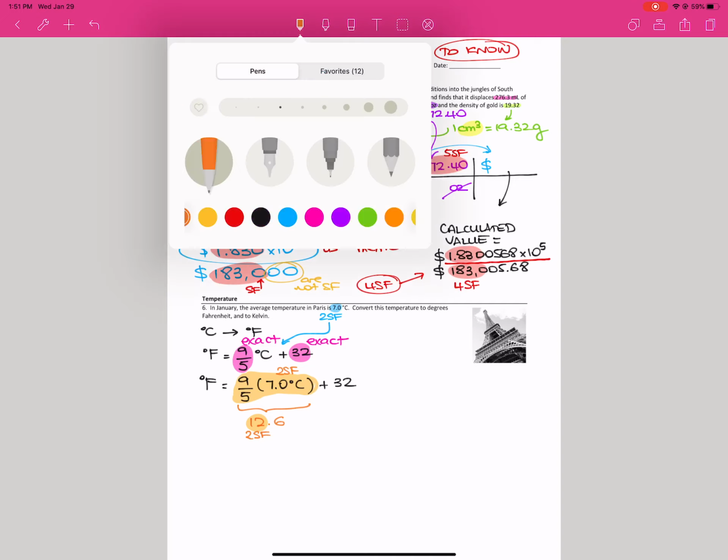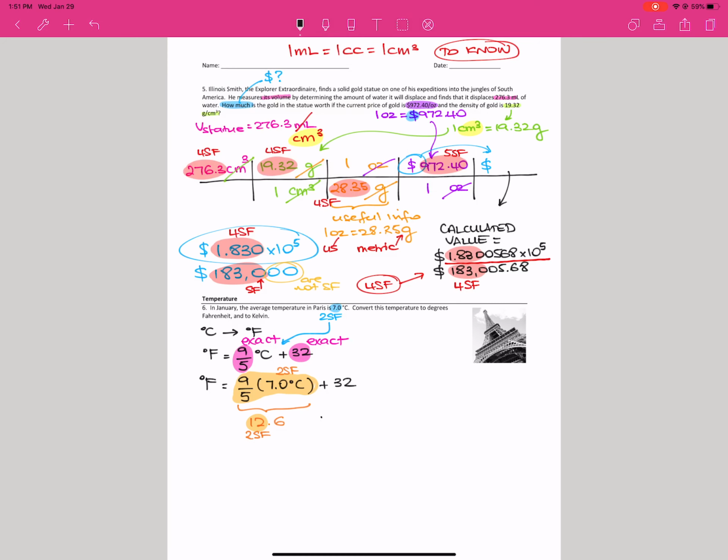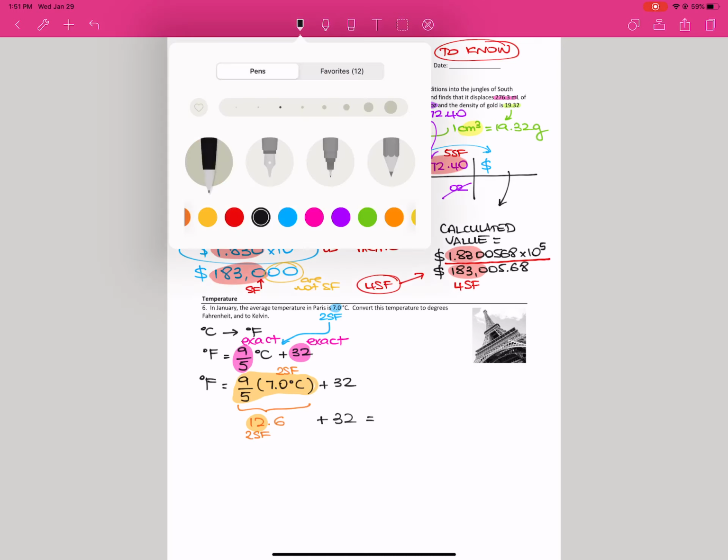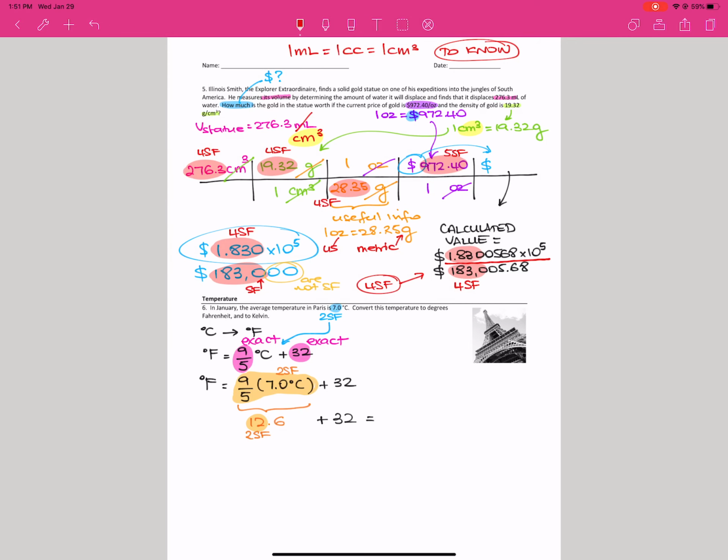My next step is an addition. I'm adding 32. So what rule do I follow? The rule I follow for addition is decimal places. Even though I wrote 12.6, only the 12 is significant. So I'm going to consider in my addition that my number has no decimal place, because this 6 here is non-significant. So I'm adding no decimal place plus 32.